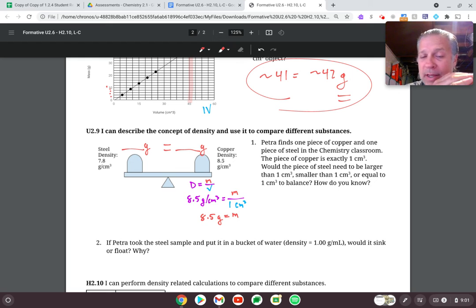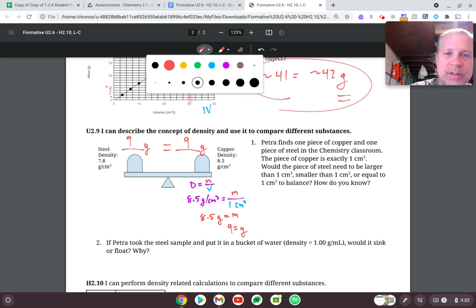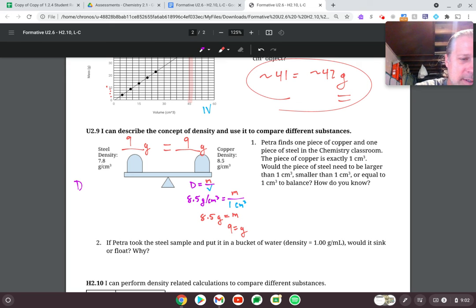Technically, sig figs in this case would be that there's 1 cubic centimeter and the density is 8.5, so really we might round this to 9 grams. Now that means that I need to have 9 grams in my copper, and I need to figure out what the volume of steel is going to be. So we're going to go back and do the same process.